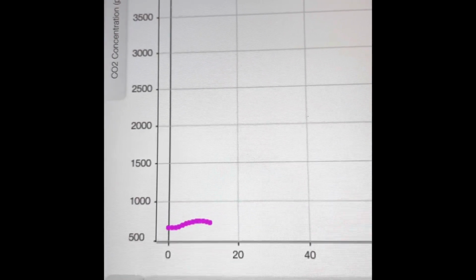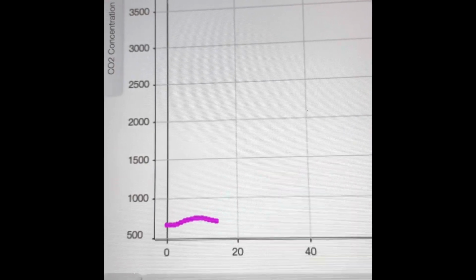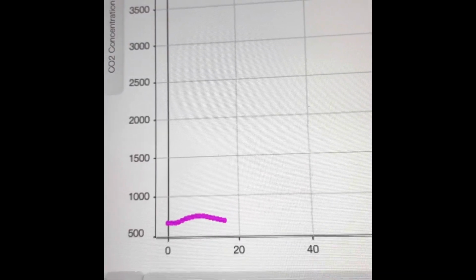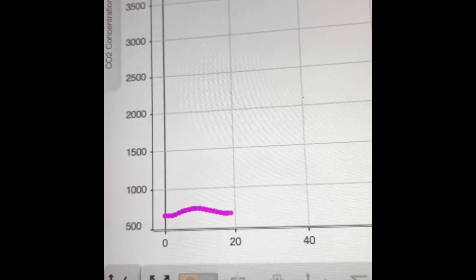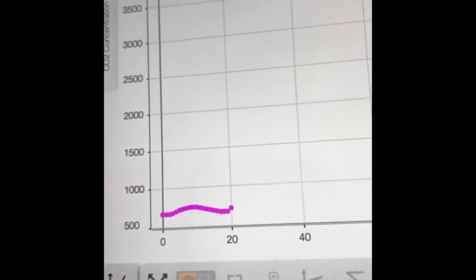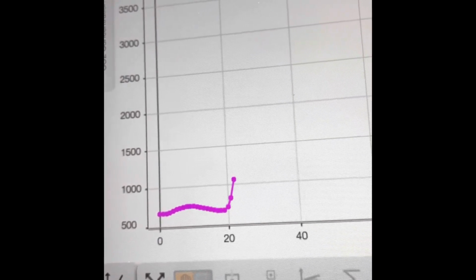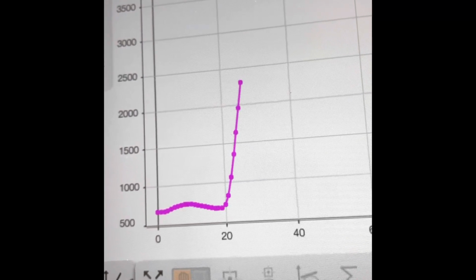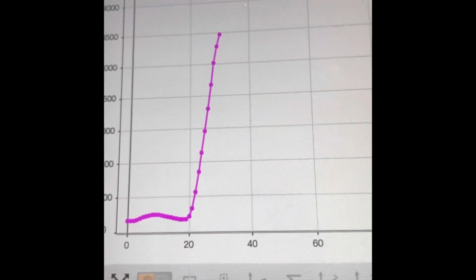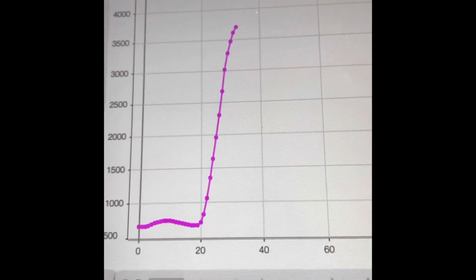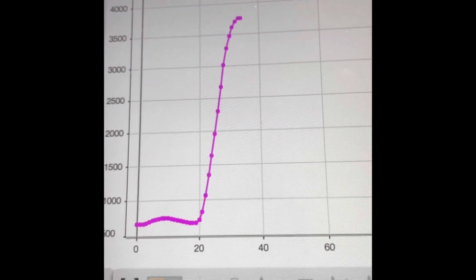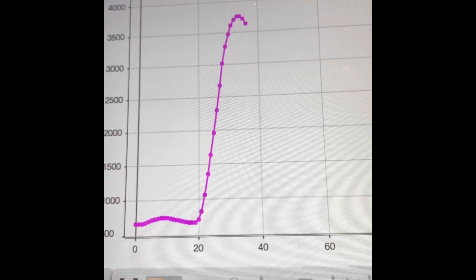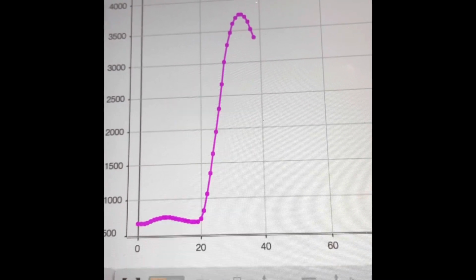Let's see if we can get it to spike a little bit. So I'm gently exhaling onto the probe itself. And then notice now that I'm not exhaling anymore, it's going to go back down.